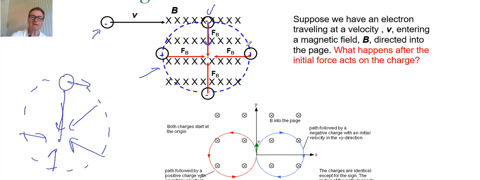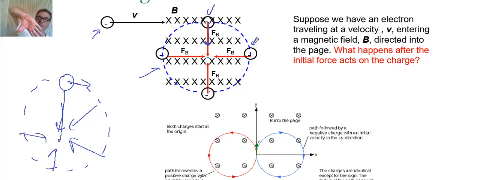Now let's say the electron changes its velocity and gets to this point right over here. What is the force that it feels now? Well, the electron is now traveling, say, in the downward direction. So fingertips pointing down, okay? The magnetic field is still pointing into the page, so I have to turn my hand like this. And what is the direction of my thumb?